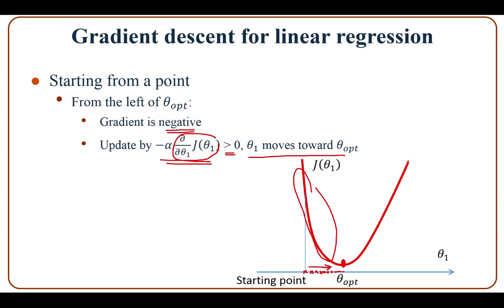to theta opt. And when the change between two consecutive steps becomes very small, or the number of iterations is greater than a specific number, then we say the algorithm converges. And at that time, theta 1 is right here, very close or right at theta opt.